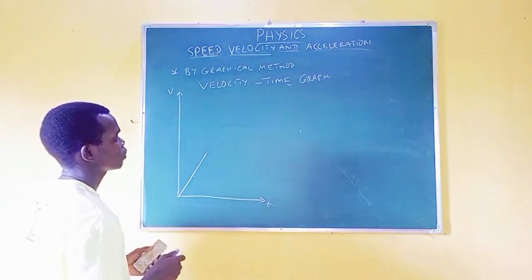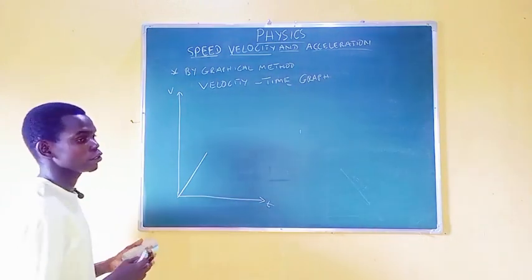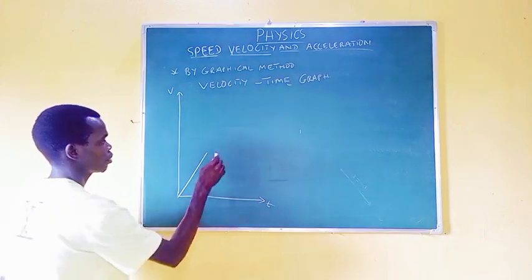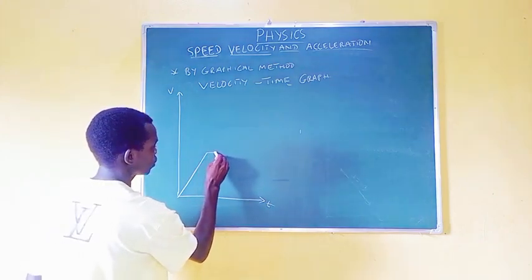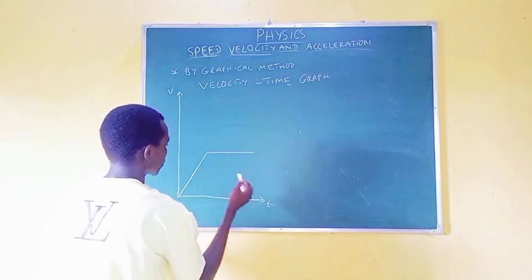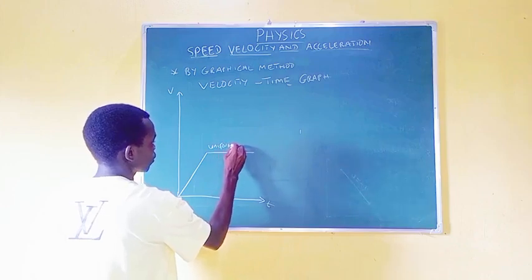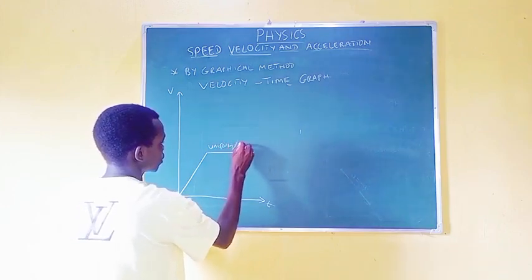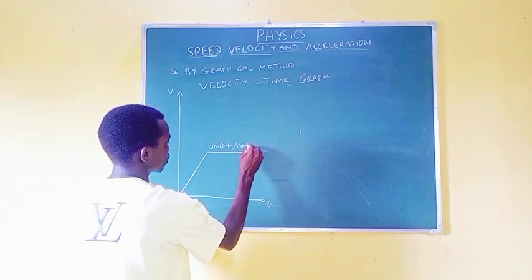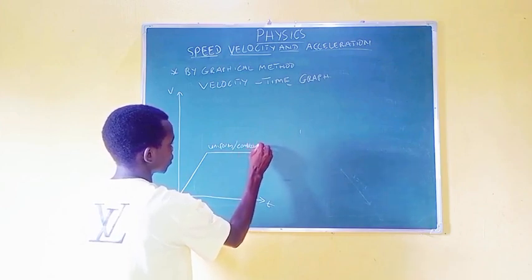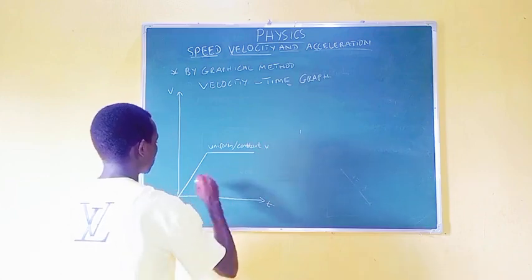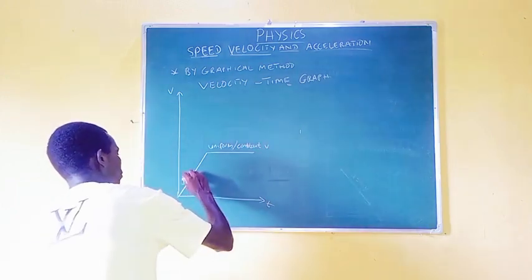And for the horizontal line, which is the uniform or constant velocity, we have this. This one is uniform or constant velocity.